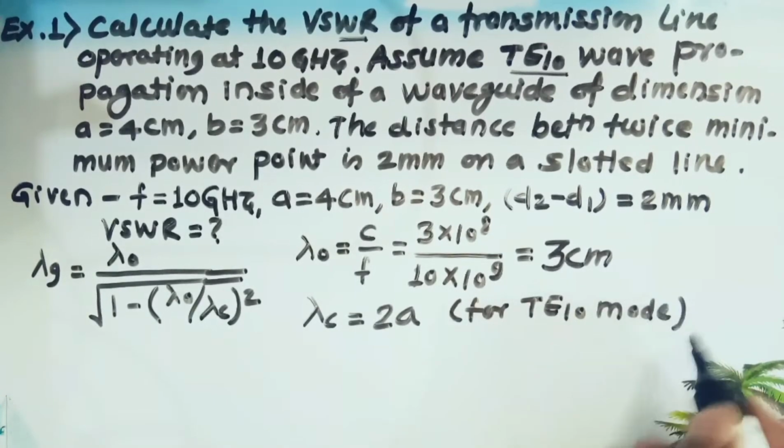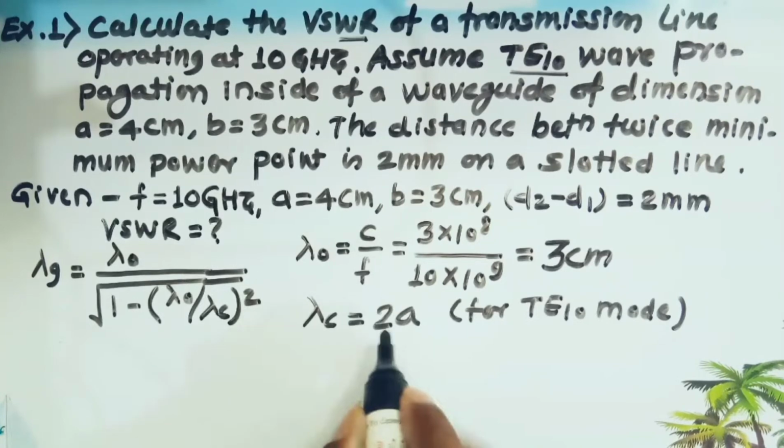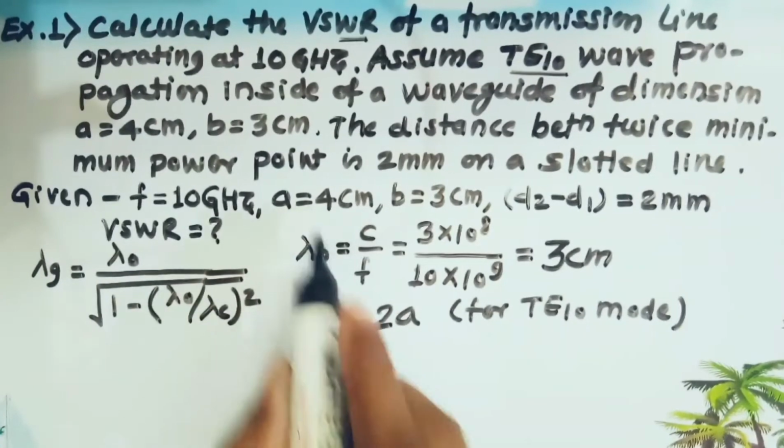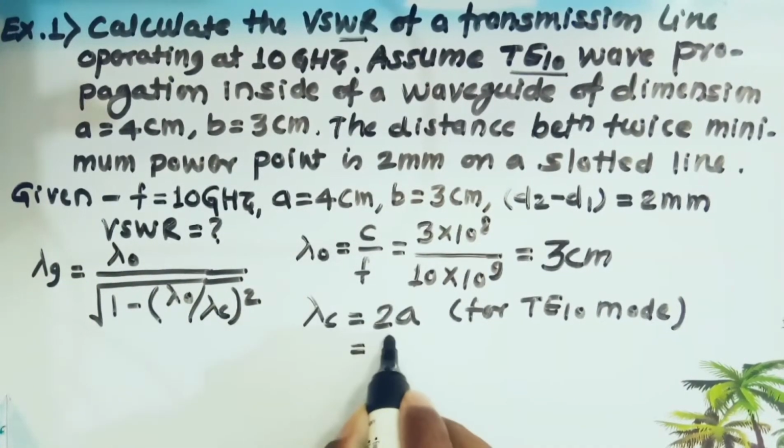Lambda c is nothing but the cutoff wavelength. The value is given as 4 centimeter, therefore lambda c becomes equal to 8 centimeter.